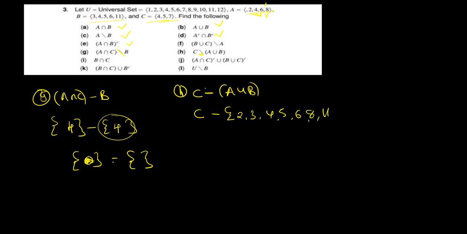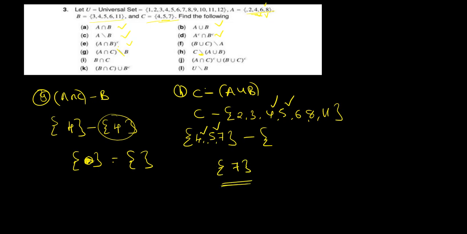So I'm subtracting everything found in C. C has the elements 4, 5, 7. I can see 4 there, 4 will go. I can see 5, 5 will go. 7 won't go, so I will just remain with 7. So this is the answer.